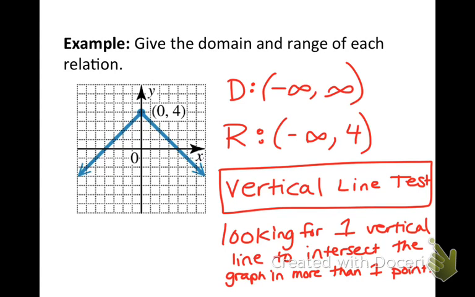All you need is just one for it to not be a function. So if I draw a whole bunch of vertical lines on this graph, will there ever be a line that intersects it more than once? No. So this is a function.